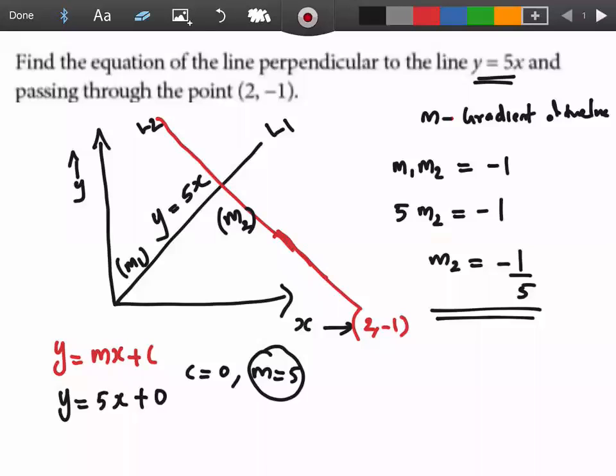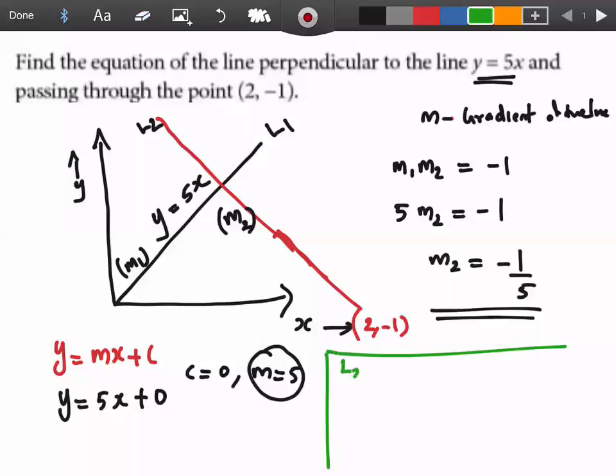Then you can find the equation for this line. What is our question? Find the equation of the line perpendicular and passing through the point (2, -1). So what will be the equation for the line L2?